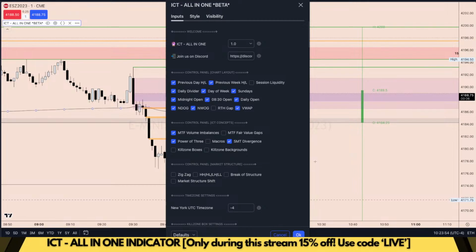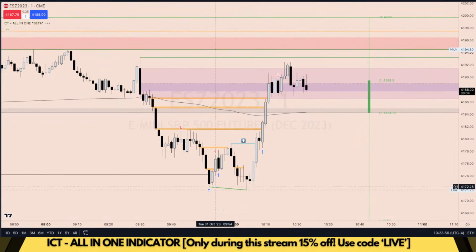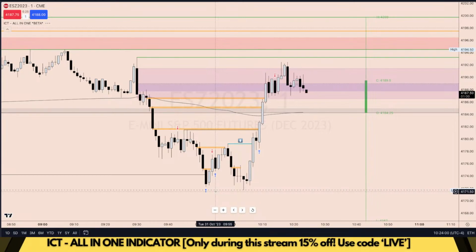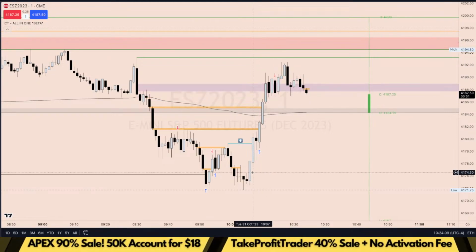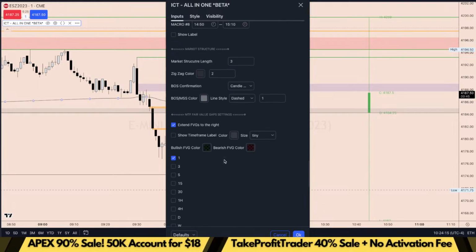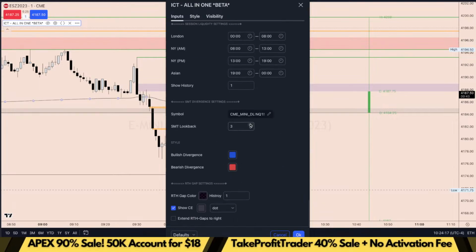Now I want to see if the SMT divergence down here is being detected. No, okay. Likely because of the settings for it. So let's see if it helps if I'm increasing that to 5.